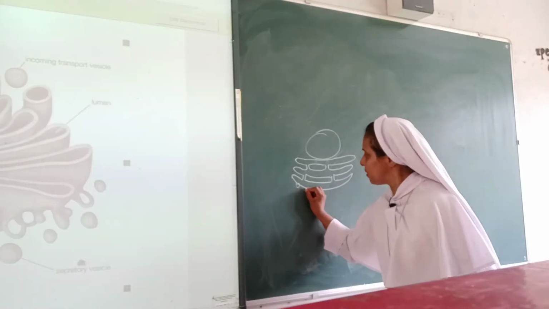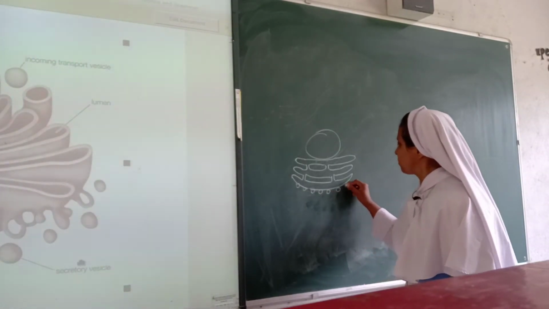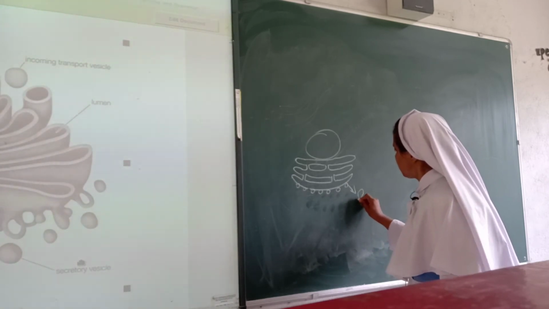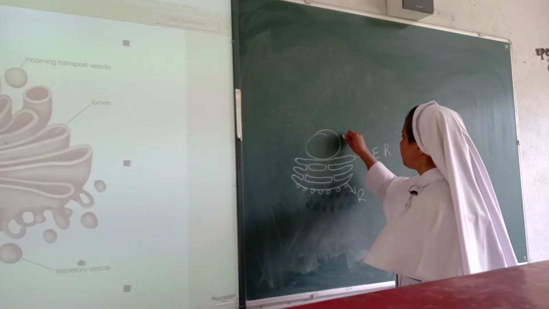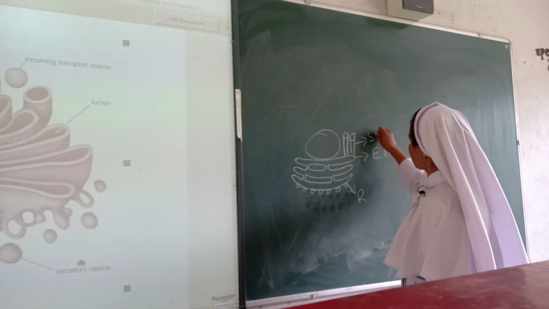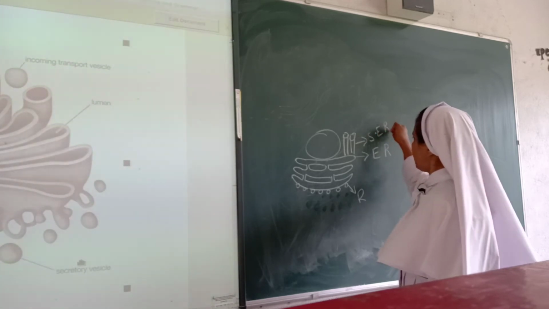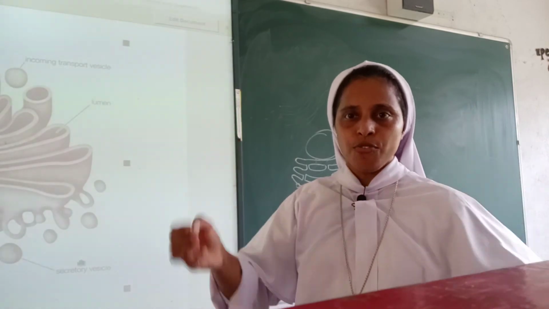Ribosomes all over the endoplasmic reticulum, and these are the endoplasmic reticulum. And you can see here the smooth endoplasmic reticulum. Just draw it in the folded form.